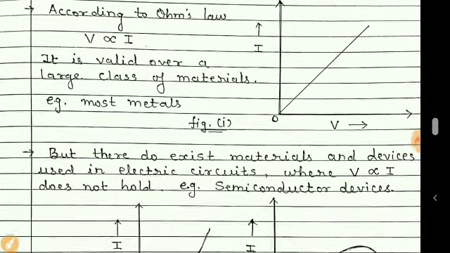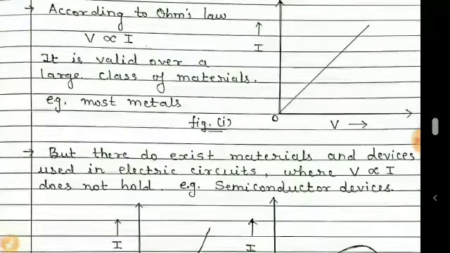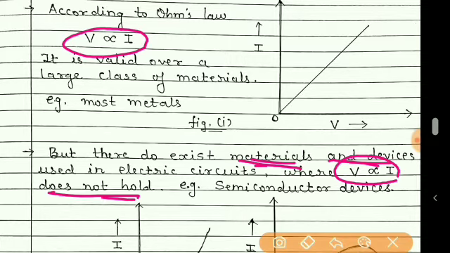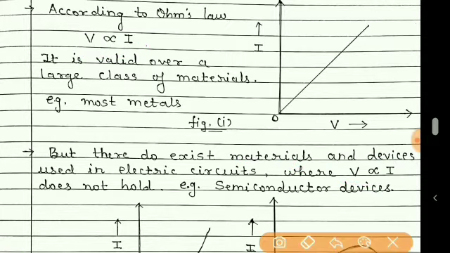But there are some materials and devices which do not follow Ohm's law. Means for this type of materials, V proportional to I does not hold, and this type of materials are generally semiconductor devices.